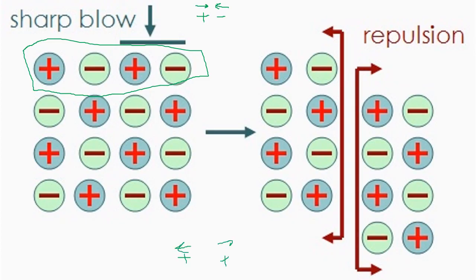Same thing if you have two negative ends and you put them close together, they repel. So if I'm applying pressure on one side here and shifting this whole side down, notice I end up with these two positive charges next to each other, and these two negative charges next to each other, and this is what causes the crystalline structure to repel and break apart. And those are the 5 properties of ionic compounds.